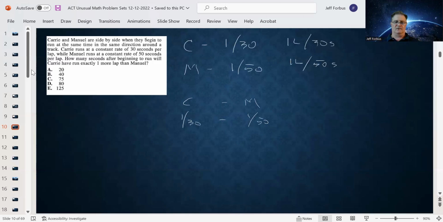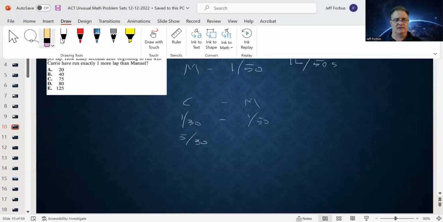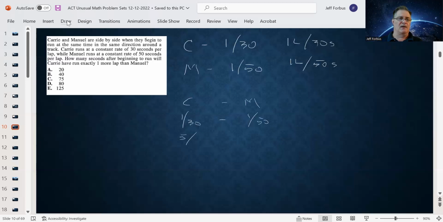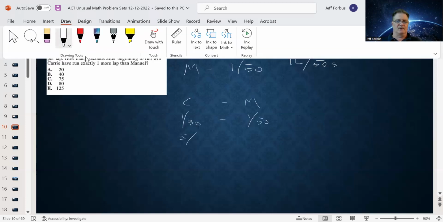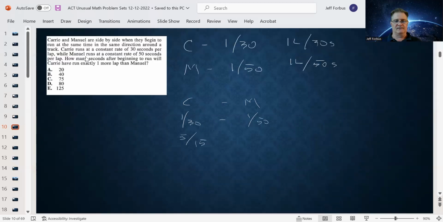Okay, well, we got a problem with our denominators. So we got to clean that up. I'm going to multiply 1 over 30 by 5 over 5. And that's going to leave me 5 over 30. So that's 5 laps over, sorry, I apologize. That's going to leave me with 5 laps per 150 seconds.